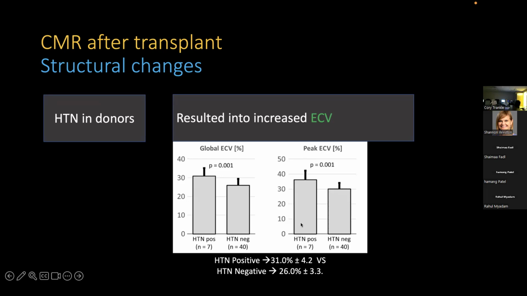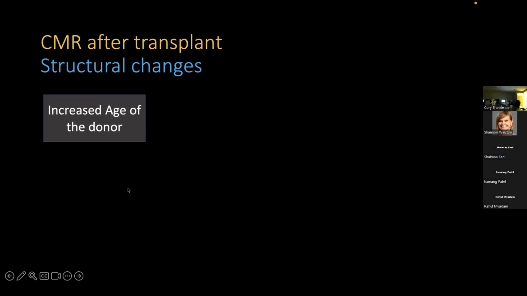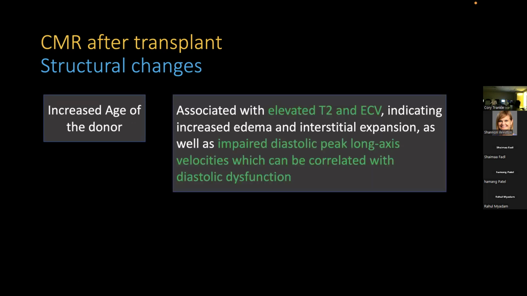Both are elevated in hypertension positive donors. Again, increased age of the donor is also associated with elevation of the maps, T2, and ECV values. It is also correlated with diastolic dysfunction as well, but we don't measure the long axis velocities on MRI, but they can be seen on echo.